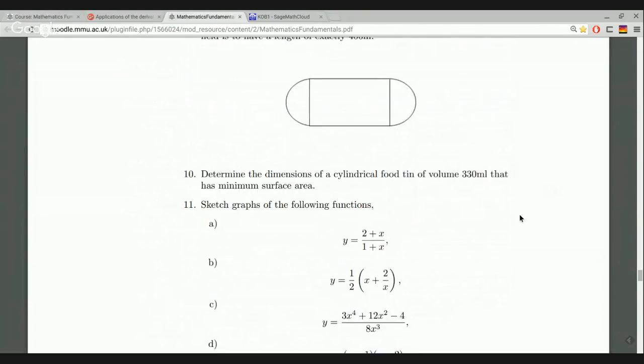The other thing to find is, you're all aware of a typical can of beans, the typical size of a tin can or a can of Coke or something. So this is related to that. It talks about a cylindrical food tin which is required to have a volume of 330 milliliters. Now, one of the main considerations in deciding exactly what shape to build that can is you want it to contain a certain volume, but you'd want to build it efficiently, so use the least amount of tin or aluminium in making it.